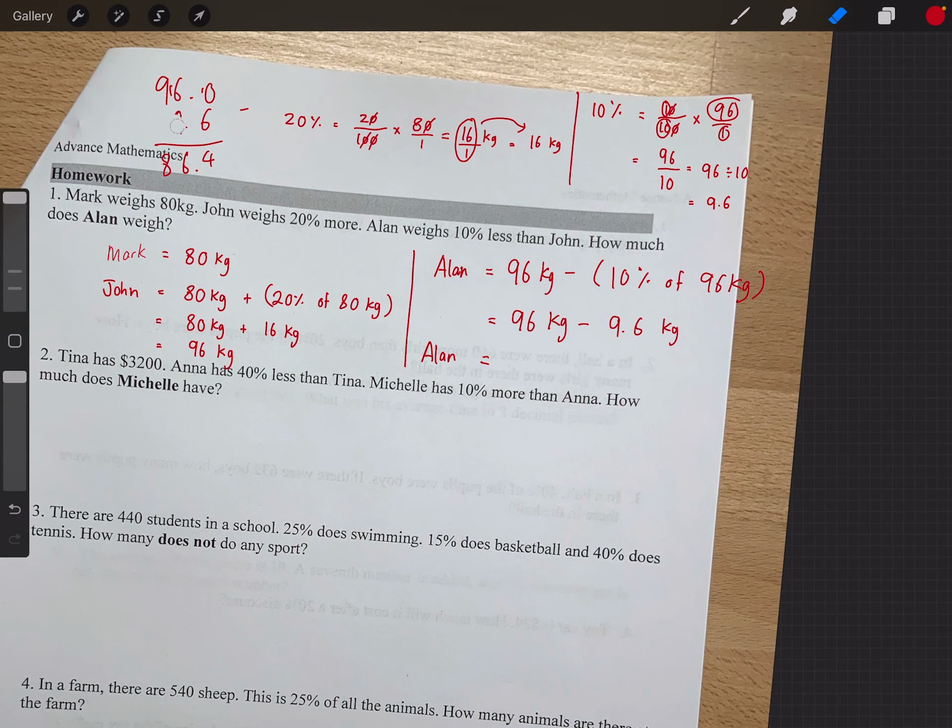Let me just double check that one. Yeah, 86.4 is correct. 86.4 kilograms, there's the answer for Alan.